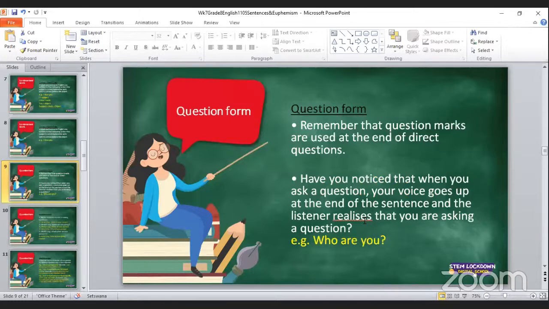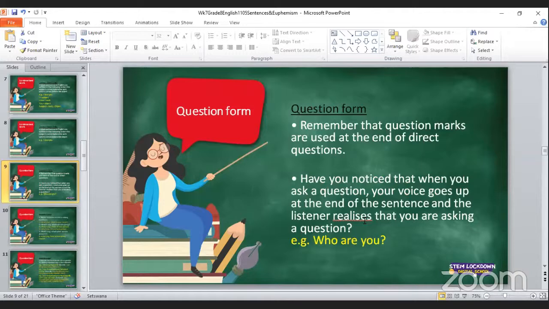So when you ask a question and your voice goes up, the person you are asking will hear that your voice went up, and in their brain they will interpret that as a question, and because it is a question, they will answer it. You can try it right now. Just ask any question.